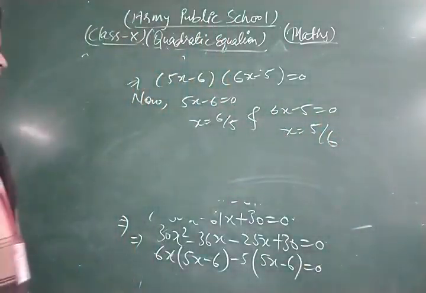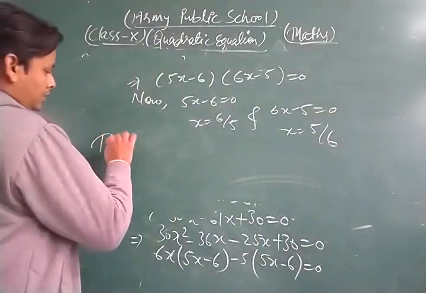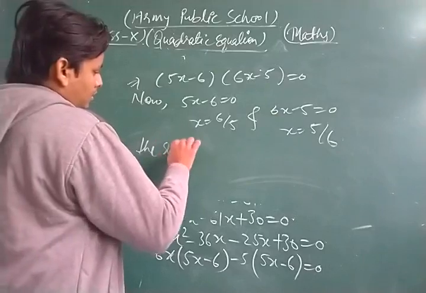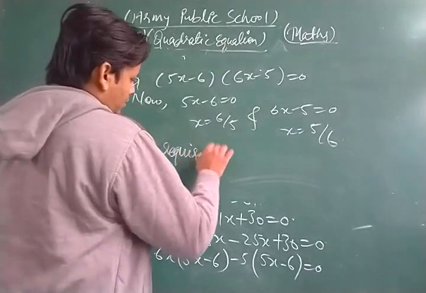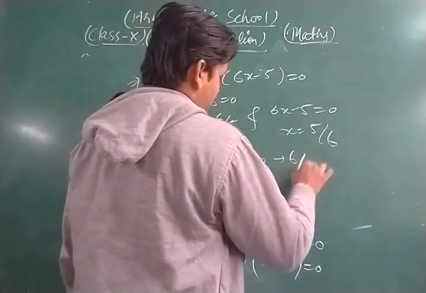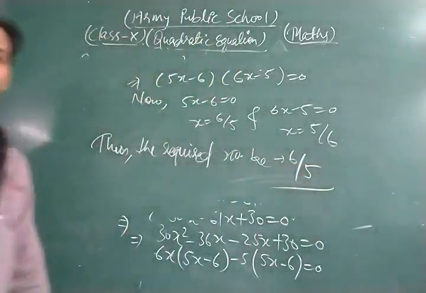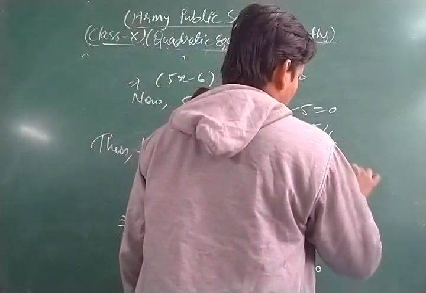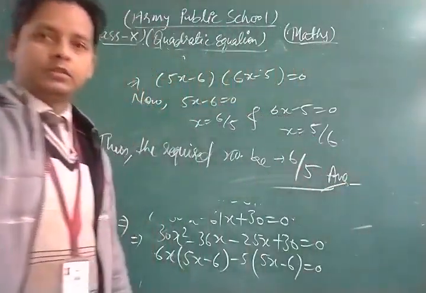So in this way, the required number is 6 upon 5. This is the required solution of the given question.